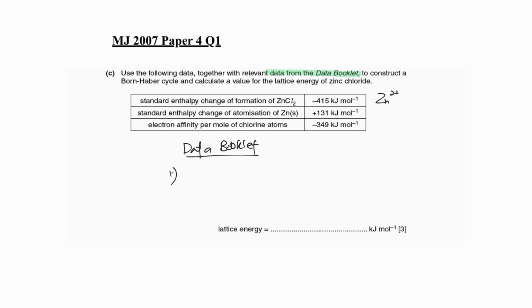From the data booklet we can get ionization energy, and we can calculate atomization of chlorine with the bond energy from the data booklet, where atomization energy is equal to bond energy divided by 2.